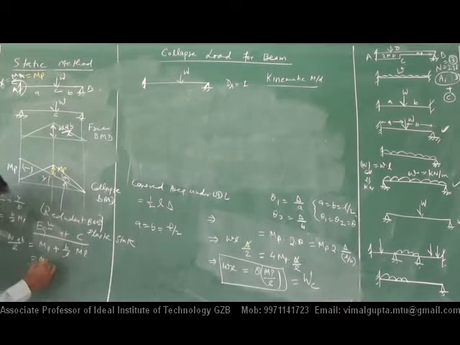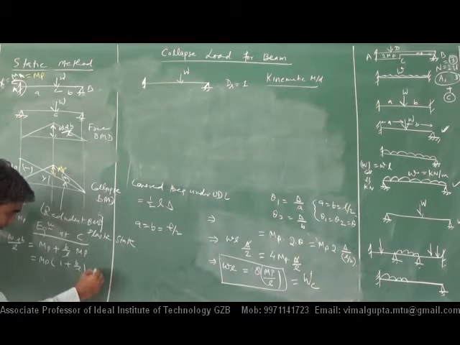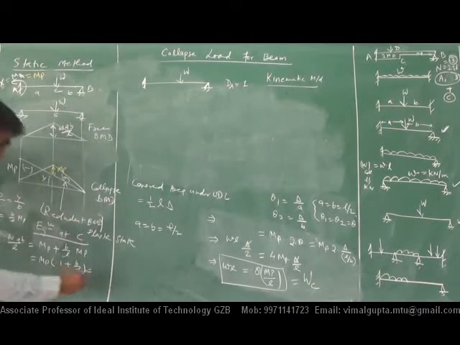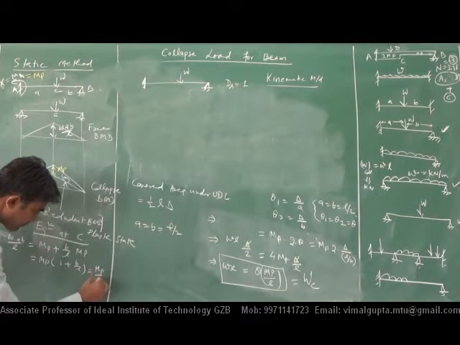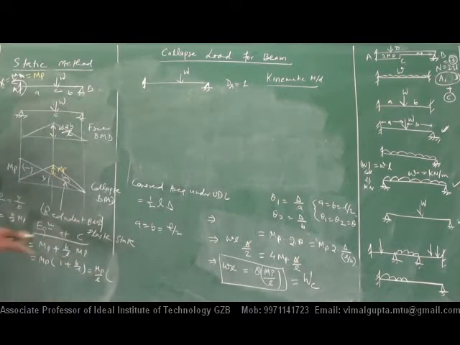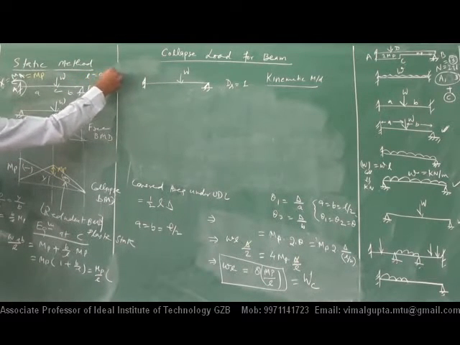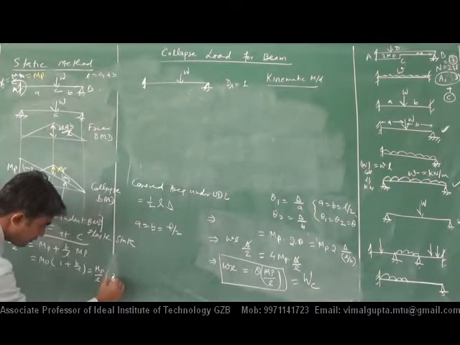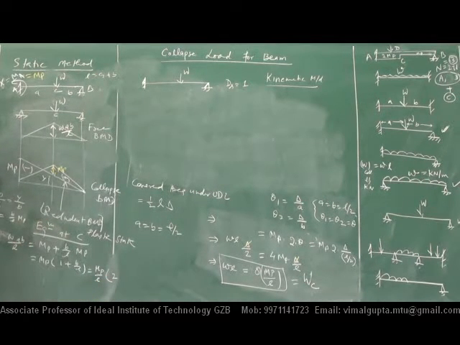So take the common MP, then it will be 1 plus B by L. So it will be MP by L, and the factor will be L plus B. Factor will be L plus B, and L is what? A plus B. So it will be A plus 2B, na?